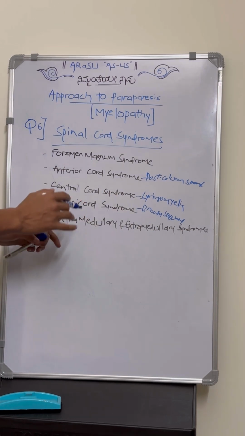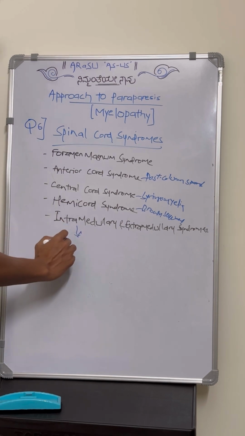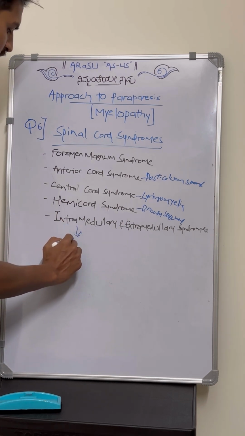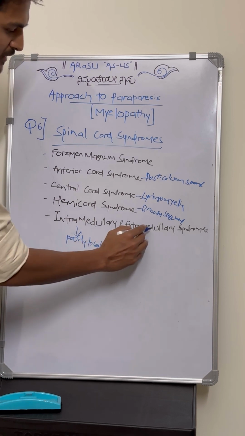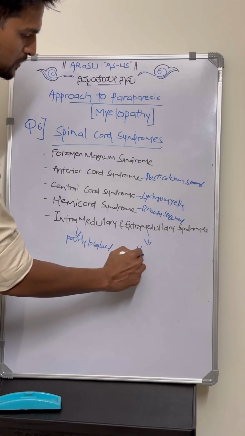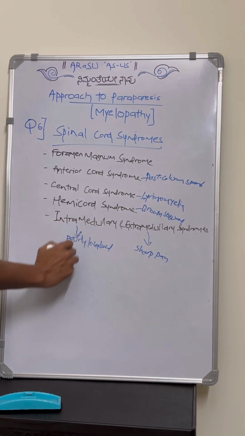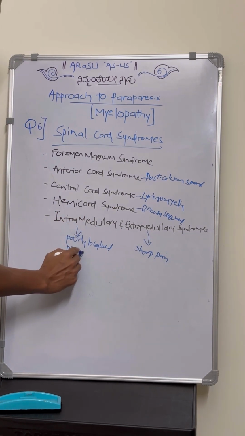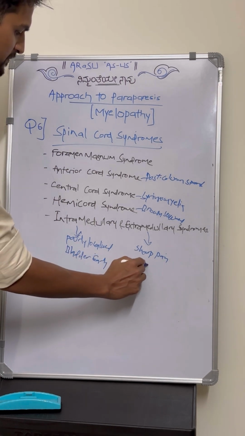And another important thing is intramedullary and extramedullary syndromes. So we have to decide where the lesion is exactly. In intramedullary, the pain will be poorly localized, dull type of pain. Whereas in extramedullary, it will be sharp pain. And here, in intramedullary, bladder involvement will be early. Here it will be late.